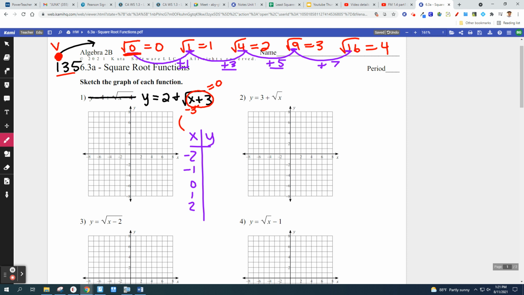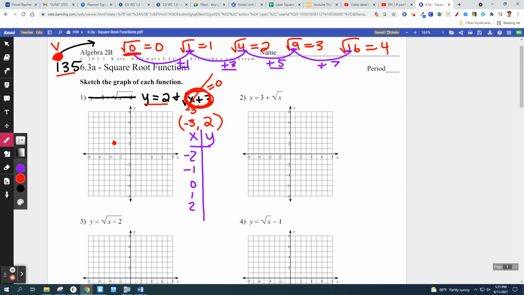And so we're going to have a point that's negative 3, comma, whatever you get when you plug in negative 3. But if you plug in negative 3, that makes this 0. That's kind of the whole point. And if that's 0, it falls out. You're left with just y equals 2. That's the vertex. So we're going to graph that point, negative 3, 2. So 3 left, 2 up. And that's the vertex. That's this point on my eyebrow.